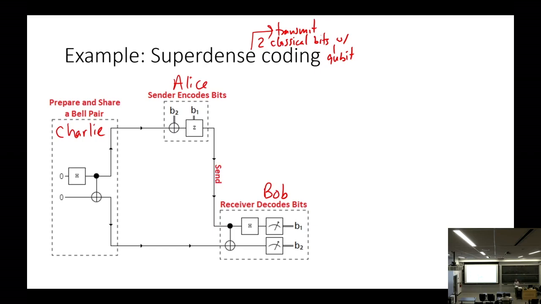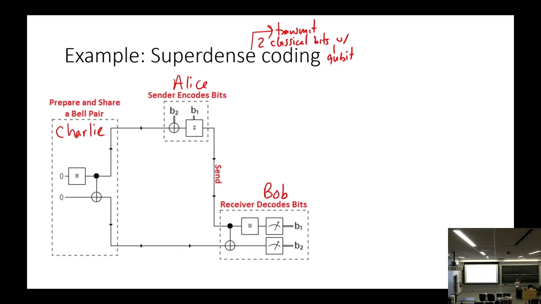And what we want to do is let Alice send her qubit to Bob, with the goal of transmitting 2 classical bits of information when Bob receives his 1 qubit from her.